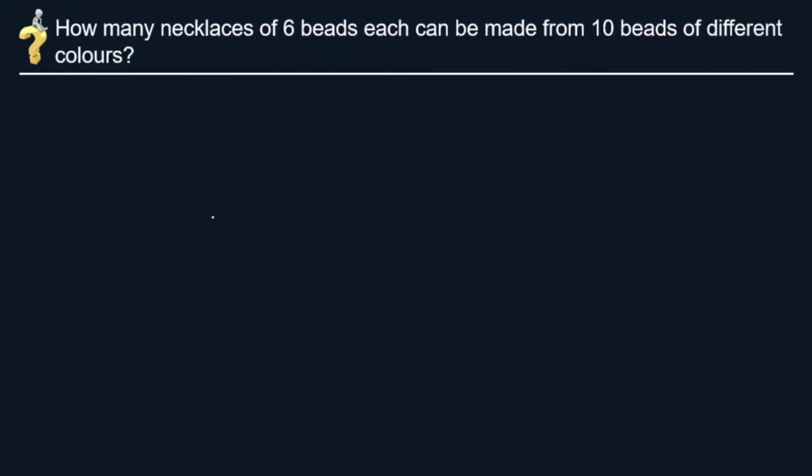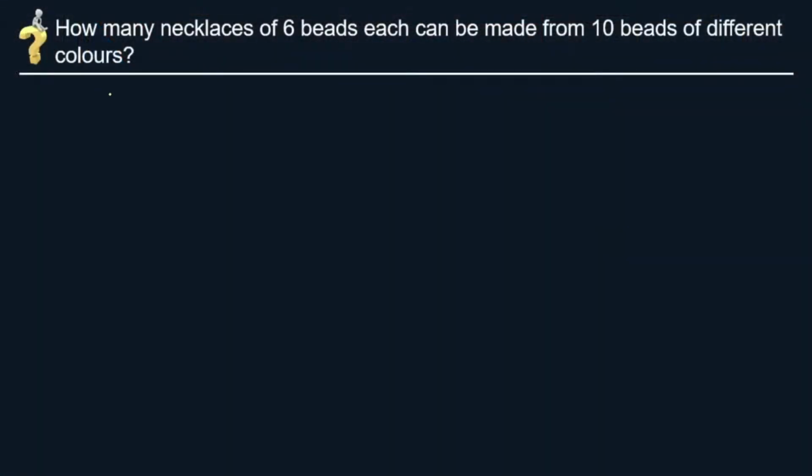How many necklaces of 6 beads each can be made from 10 beads of different colors? Now, you have to make a necklace with 6 beads, and the 6 beads will come from the 10 different beads which are given to us. Clear? So what will be the total number of arrangements?